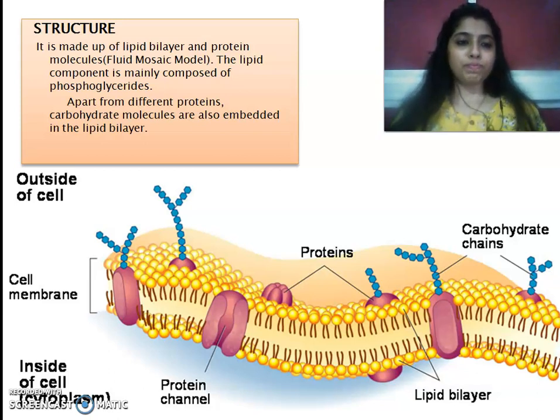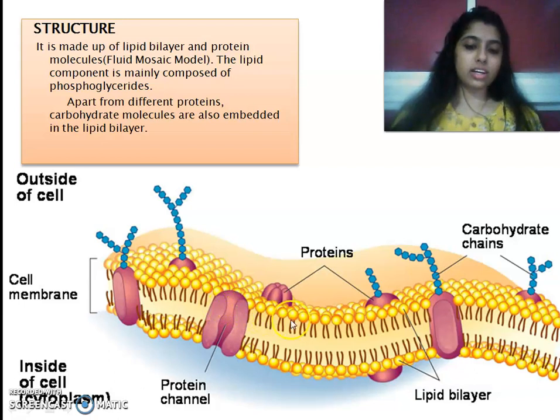So here, this molecule is the phospholipid molecule, and you can see here it is the head of the phospholipid, and this one is the tail. You can see this layer is one of the phospholipid layers, and once again this layer is the other phospholipid layer.